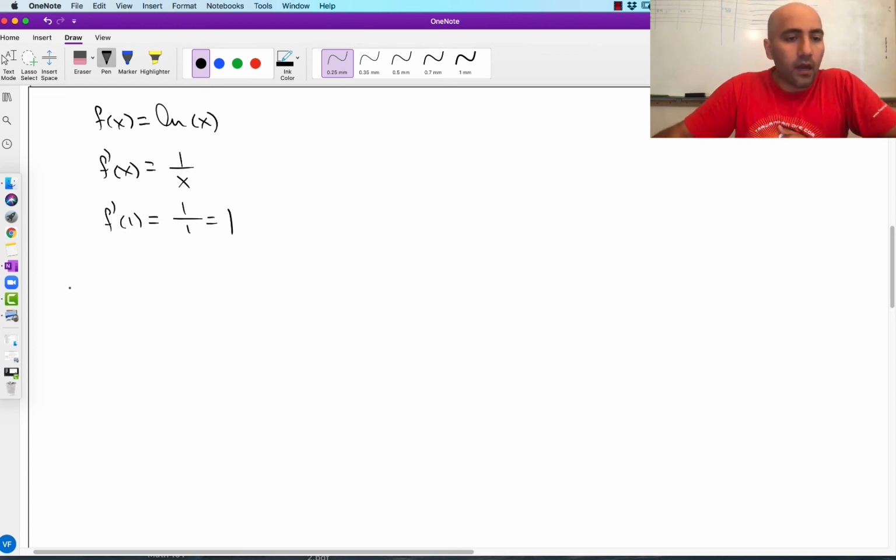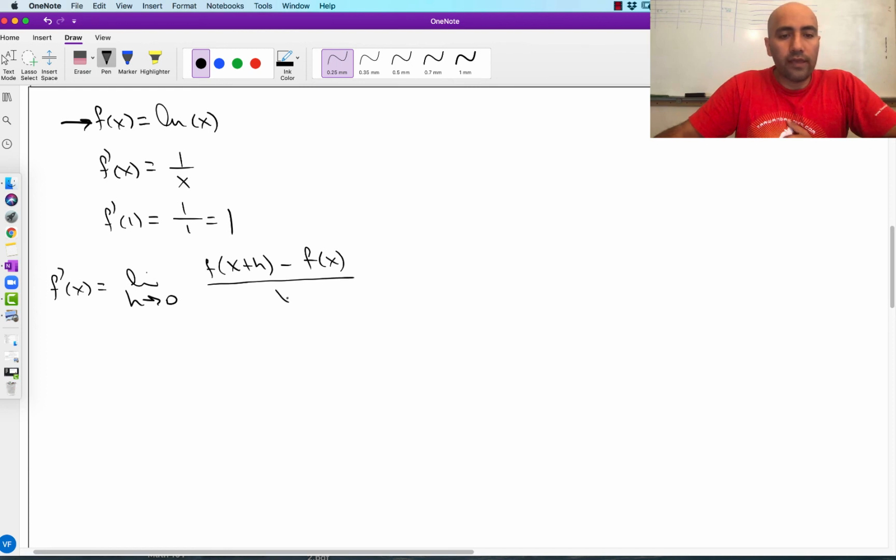Okay, but now let's think about the derivative in terms of the original definition of a derivative. Given that f of x is ln of x, its derivative, f prime of x, is equal to the limit, remember back to the limit definition, as h goes to 0 of f of x plus h minus f of x, all over h.